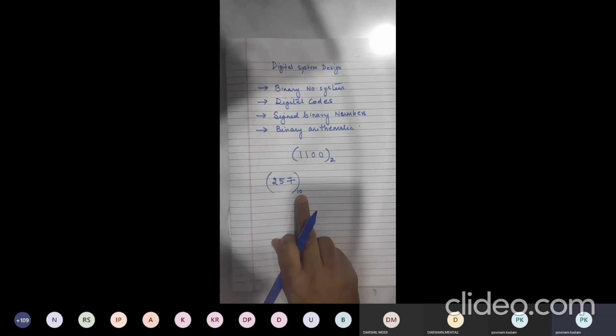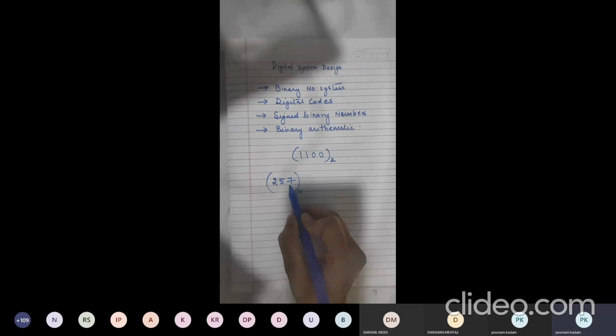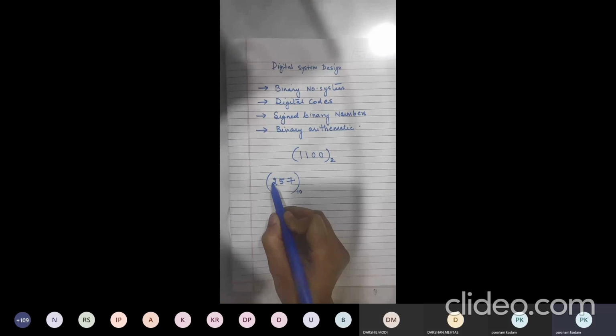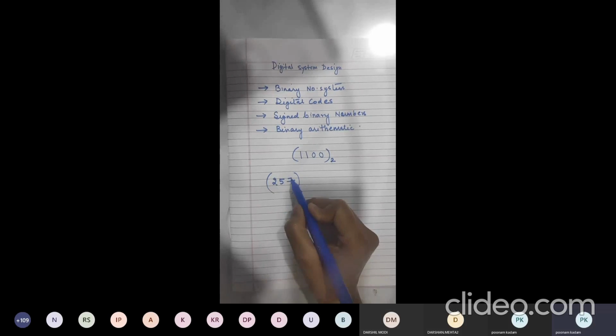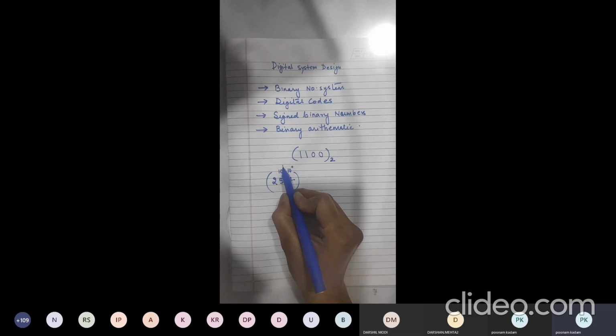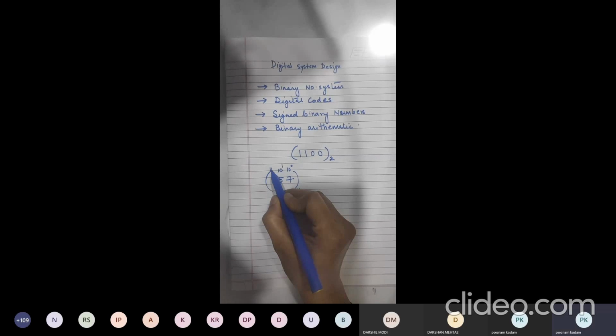Okay. So we know that this is a positional number system in the sense that every position has some unique weight associated with it. We know 7 is in the ones place, 5 is in the tens place, 2 is in the hundreds place, which means the weight associated with this 7 is 10 raised to power 0. The weight associated with 5 is 10 raised to power 1. It is in the tens place. The weight associated with the digit 2 is 10 raised to power 2, so it is in the hundreds place, we say, right?